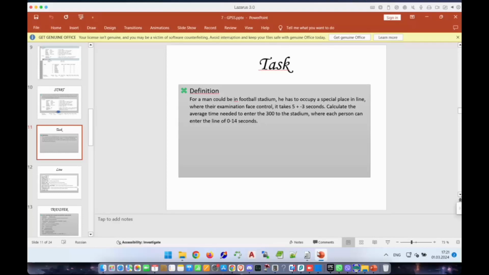So the question for you guys, may I ask you at least to try to code such a solution?